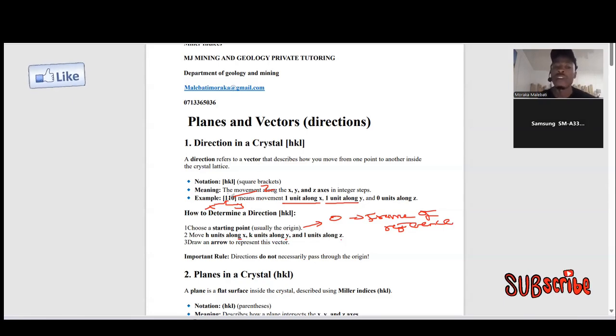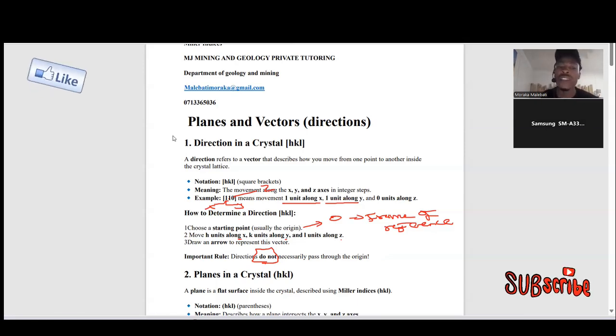That is basically what I've mentioned here. But the most key thing is that directions do not necessarily pass through the origin. This is basically the fundamental rule of these vectors.